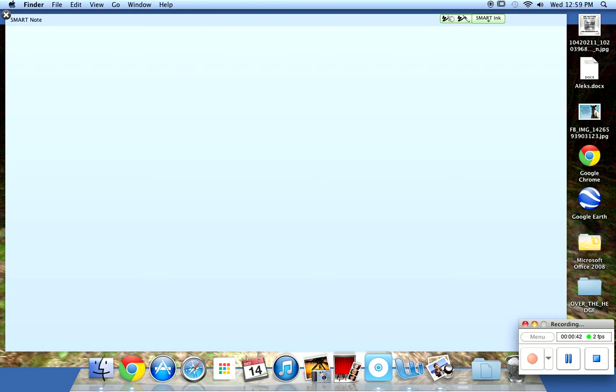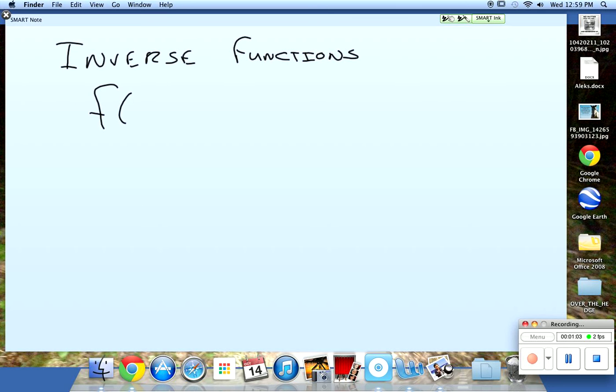All right. Today we are going to work on inverse functions. We've done inverse functions before. Let me show you an example. F of x equals, let's say, x squared plus 1.